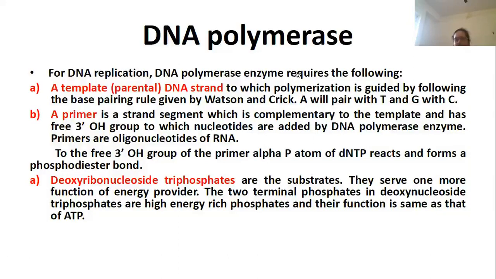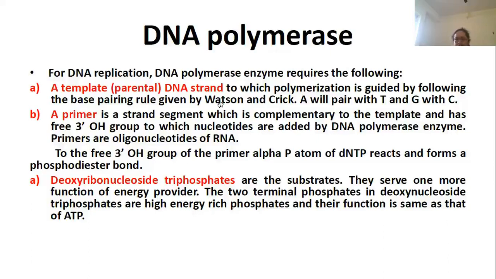So processivity as well as the polymerization rate, you can see from this table, is highest for the polymerase 3 enzyme. So we can say that the principal enzyme which is taking part in the DNA replication is polymerase 3. Next, we will discuss in detail about the DNA polymerase enzyme.